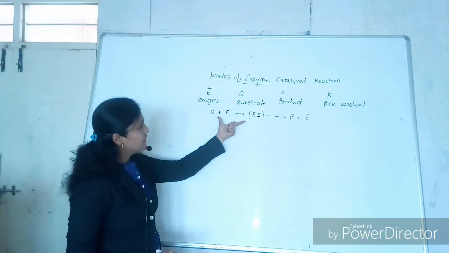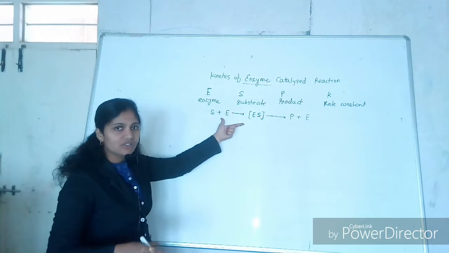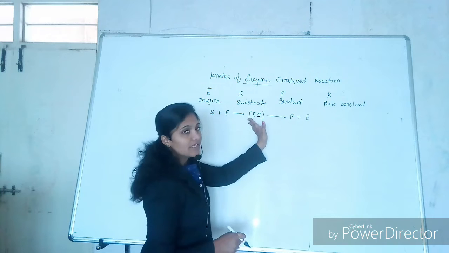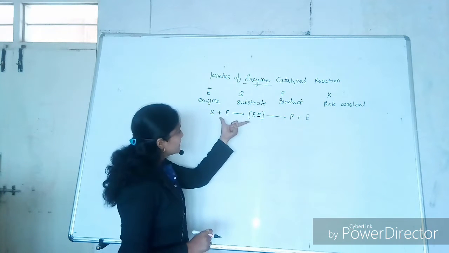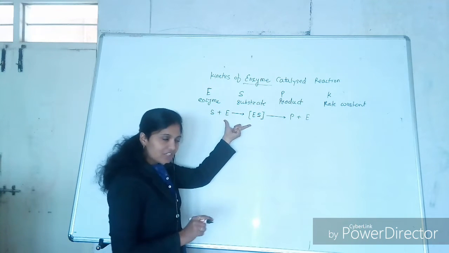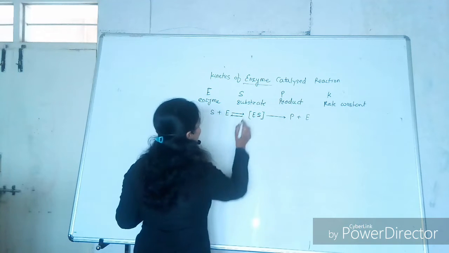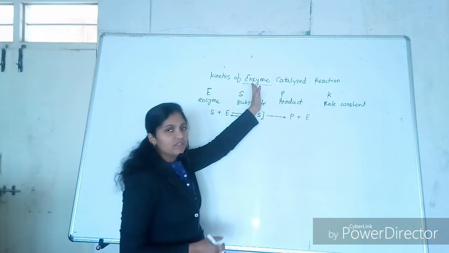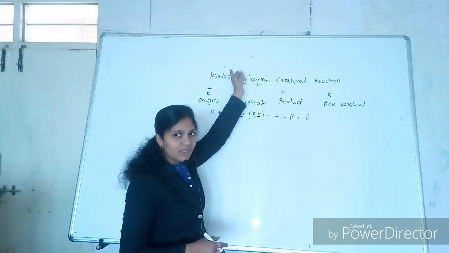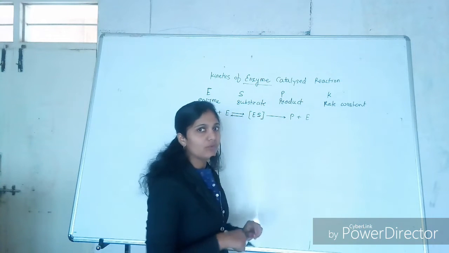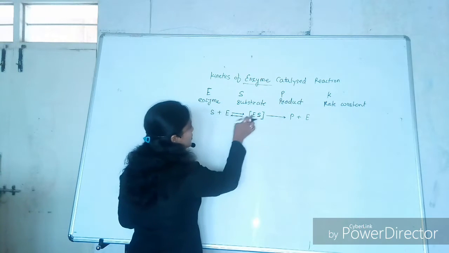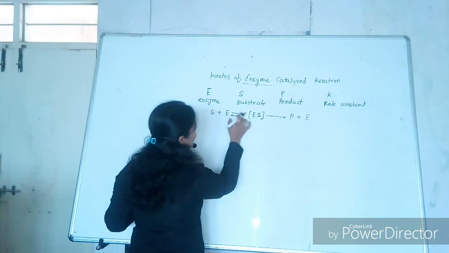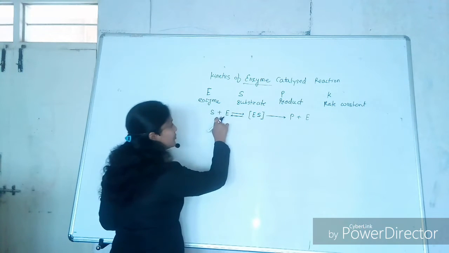So friends, see the first step. This is the activation step. Substrate reacts with enzyme to give the enzyme substrate complex. This is the slow step in this reaction, and it is a reversible step. To determine the kinetics of enzyme catalyzed reaction, we need to write the rate constant for each step. The first step is the forward reaction and the second step is the backward reaction.